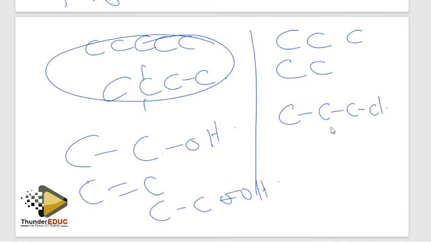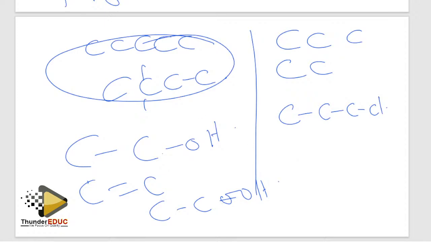When it goes to carboxylic acid, it has the London forces, hydrogen bonds, and dipole forces. So now dipole forces are stronger than London forces, while hydrogen bonds are stronger than London forces and dipole forces. So you need to know that.